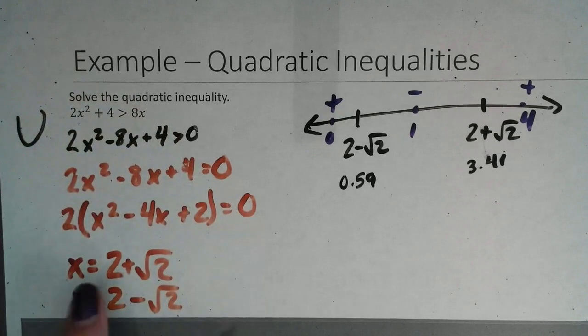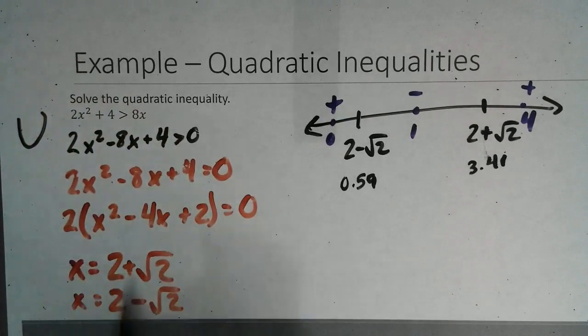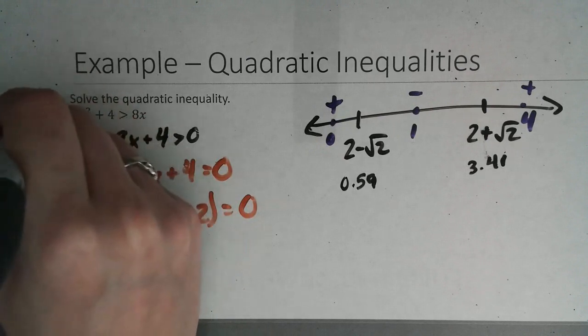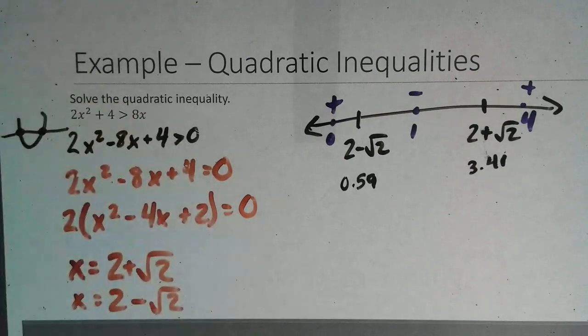When we find the x values that make this 0, what we're finding are the places where we cross the x-axis. Since it opens up, our y values are going to go positive, negative, positive. So if that helps you, go ahead and use it. If not, there's an explanation of why we keep getting plus minus plus.